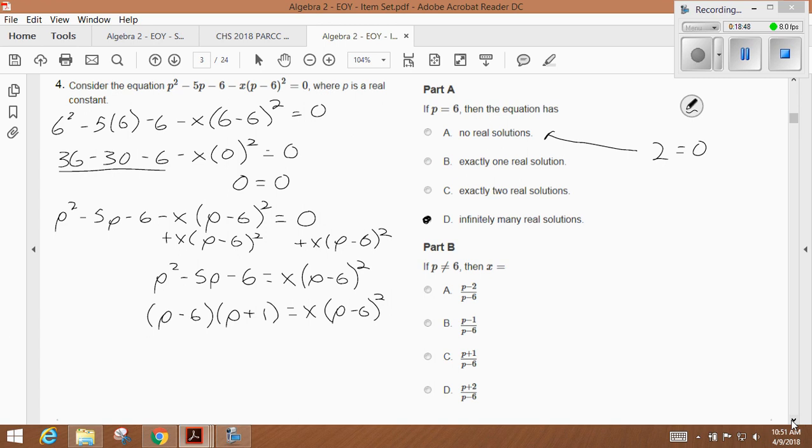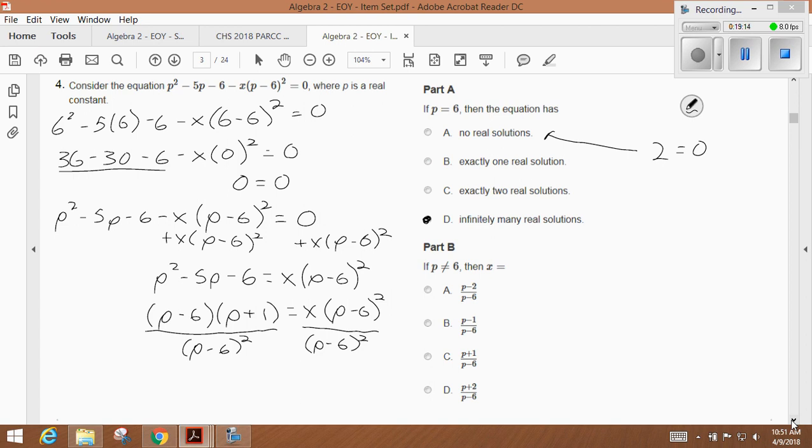So now, the whole plan is to get x by itself, right? X is multiplying p minus 6 squared. If I want that p minus 6 squared to go away, I'll do the opposite and divide. And if I do it to that side, I gotta do it to this side too.